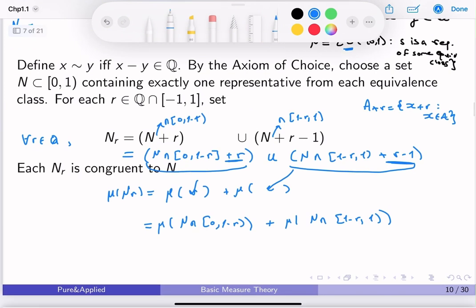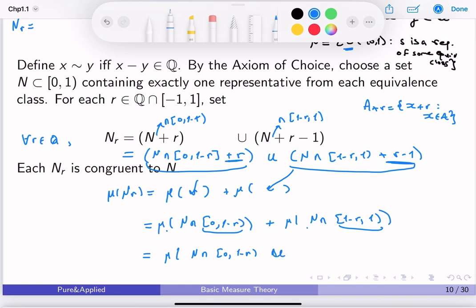But again, by property 1, I can bring these together because these are disjoint sets. I mean, these fall in different intervals, right? So these are disjoint, so I can bring them together to the inside.